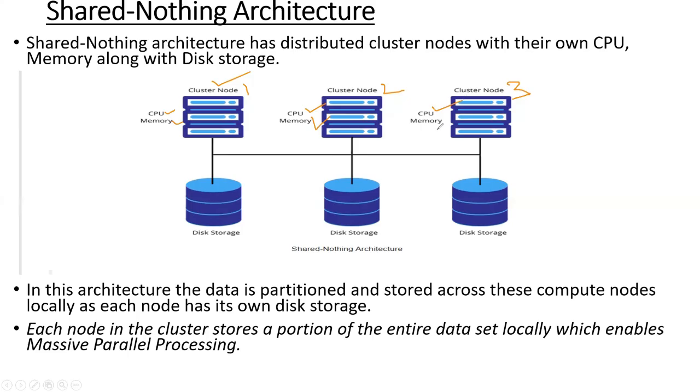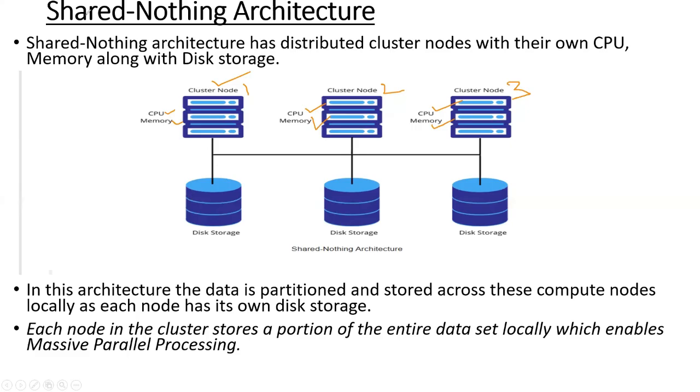Up to here, the cluster nodes, CPU and memory are the same as we saw in the previous video on shared disk storage. But the difference is the disk storage.